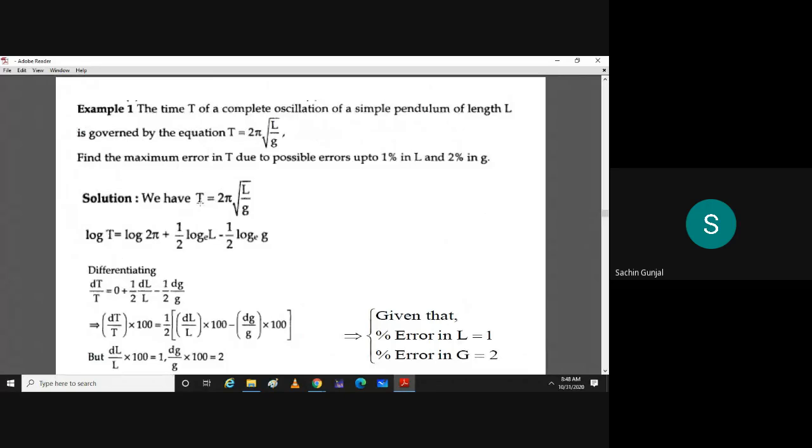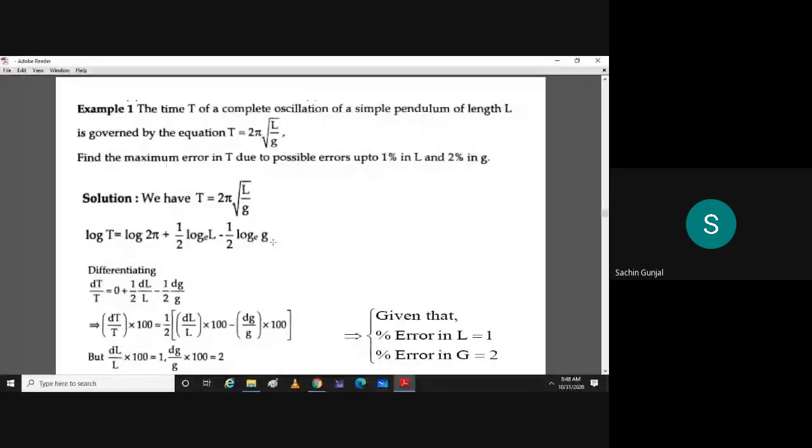You will understand why. So log T is equal to log of 2 pi, L by G raised to 1 by 2. If you apply log, it will be 1 by 2 log L minus 1 by 2 log G. Is this statement clear? Yes, sir.